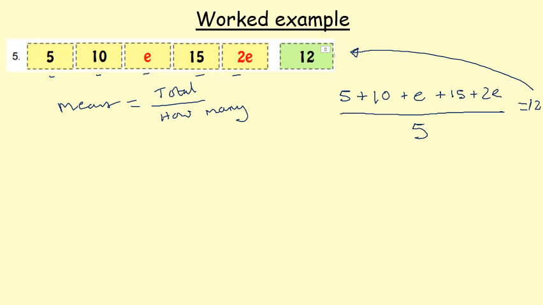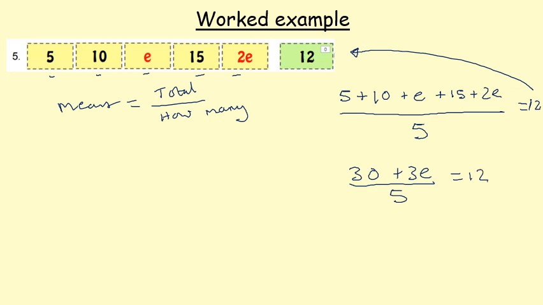Okay, so all I'm going to do is simplify down what I've got so I can read it more easily. So 5 and 10, I've got 15, plus another 15 is 30. And I've got E plus 2E, which is 3E. And then all of that is still over 5, and all of that equals 12.